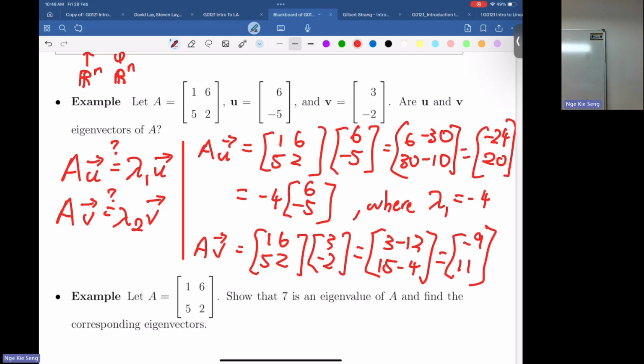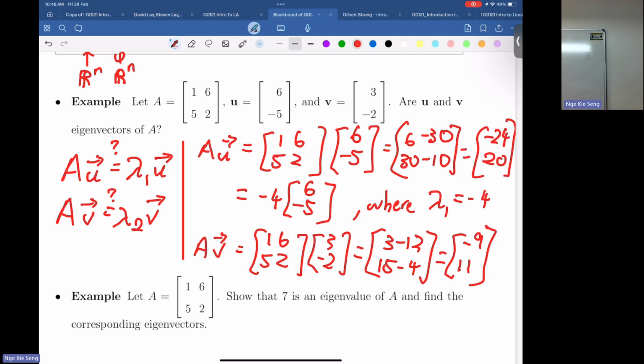But before that, is this correct? You get this? Okay, so why can't I write it as a scalar multiple of 3, minus 2? What question is this asking? Whether these two vectors are linearly independent or not.